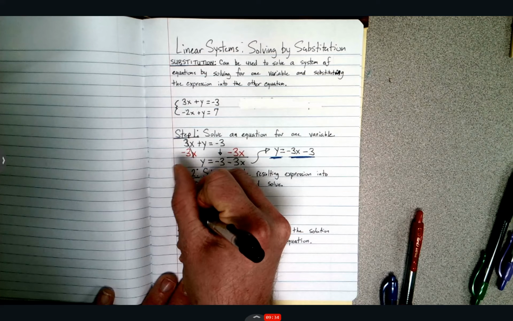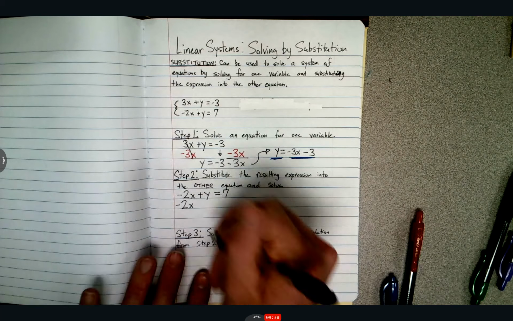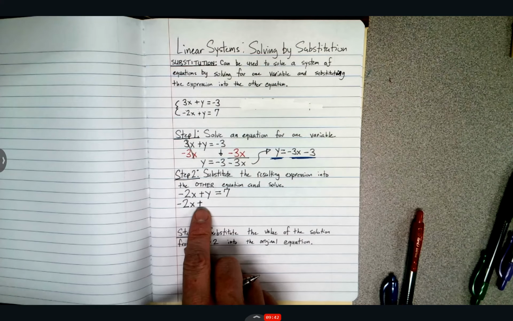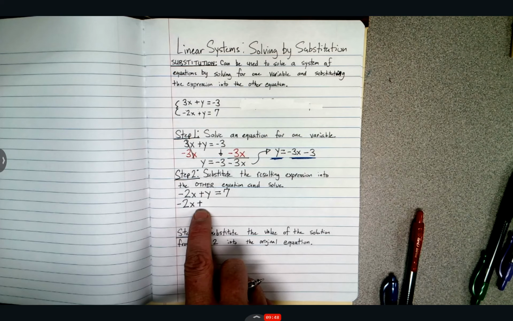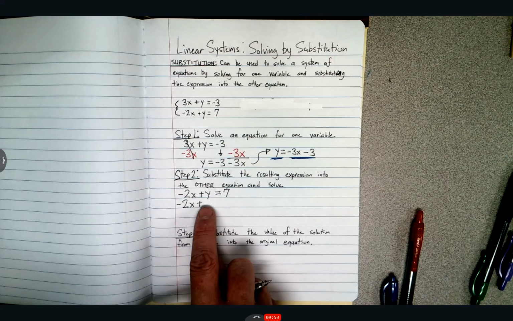So I'm going to rewrite this equation again. Negative 2x plus, so whenever you go to substitute, make sure you always do this. Keep the sign that was in front of y, or whatever you're substituting, and keep the coefficient. If there was a number in front of y, you would need to keep that in front of what you substitute in.